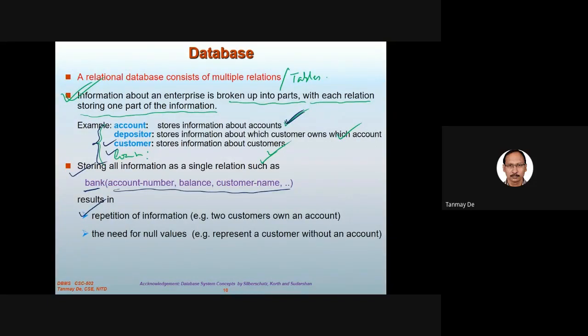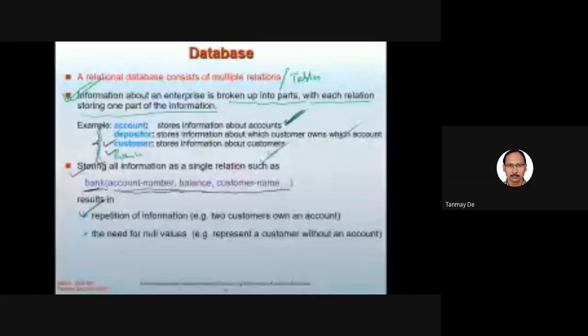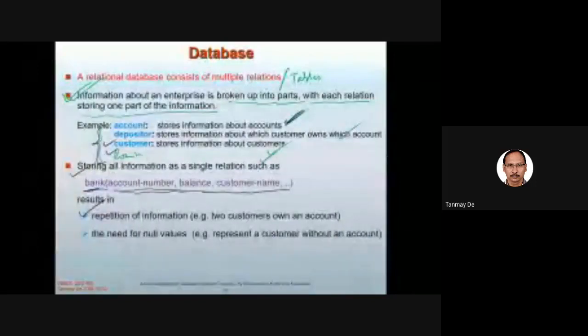In that case, some attribute values, like customer name, are there, but loan number, loan amount, and some other information contain null, because they have not taken any loan from the bank. So it can create a lot of problems.